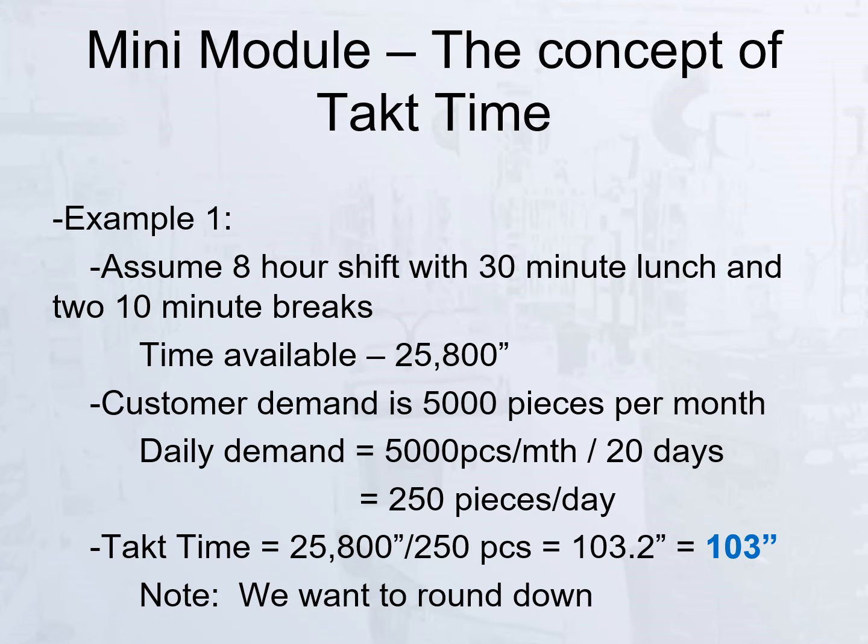So in that case, our daily demand is going to be equal to 5,000 pieces per month divided by 20 days in a month, and that's going to come out to 250 pieces per day. Our takt time in this case, again, remember it's time available divided by daily demand, so that's going to be 25,800 seconds divided by 250 pieces, and that's going to come out to 103.2 seconds.